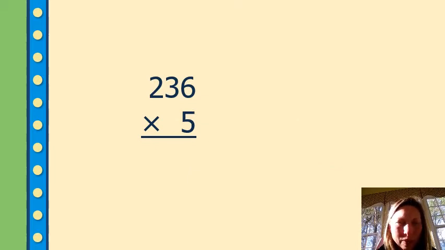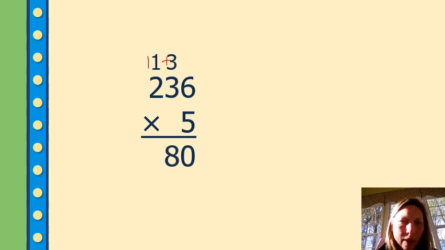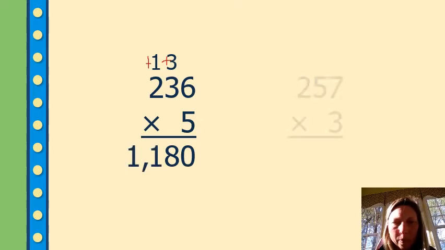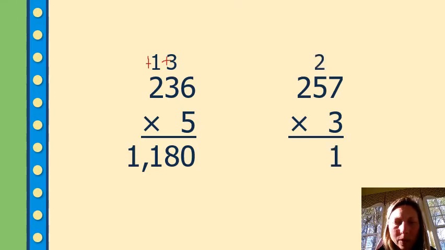236 times 5. Okay, 6 times 5 is 30. So that makes it plus 3. 3 times 5 is 15. Plus 3 is 18. And then 2 times 5 is 10. Plus 1 is 11. 257 times 3. 7 times 3 is 21. 5 times 3 is 15. Plus 2, 16, 17.